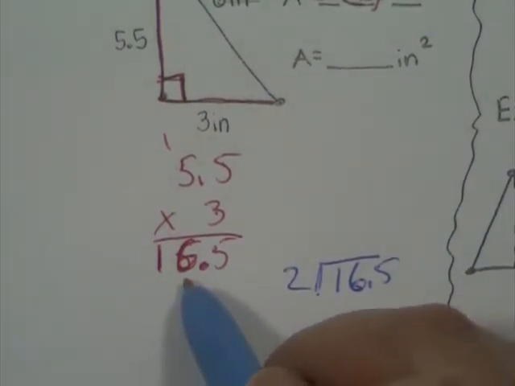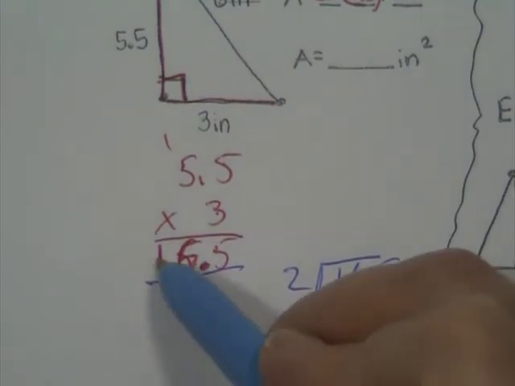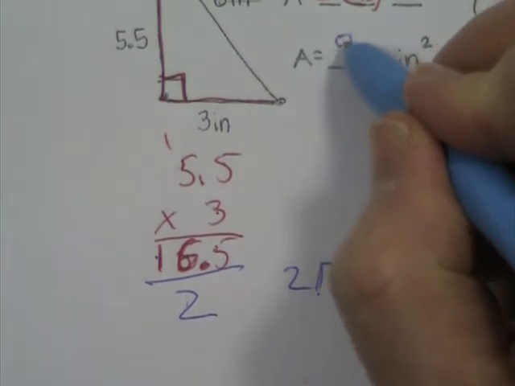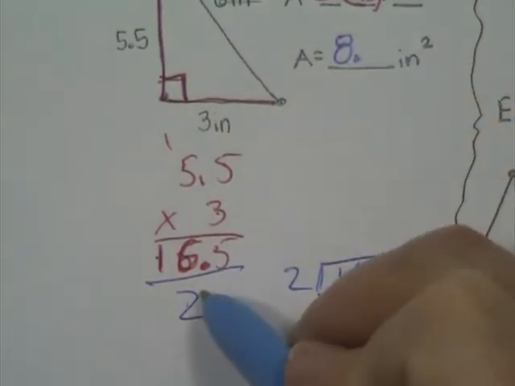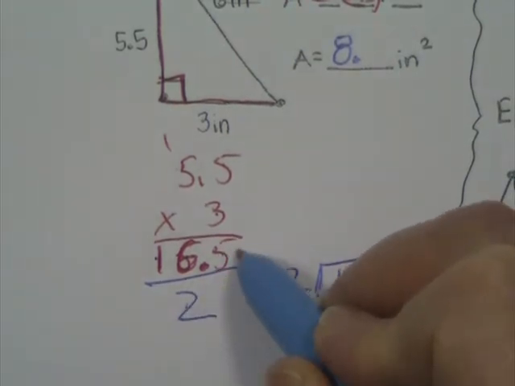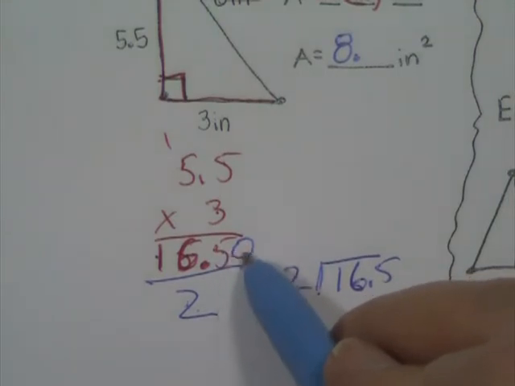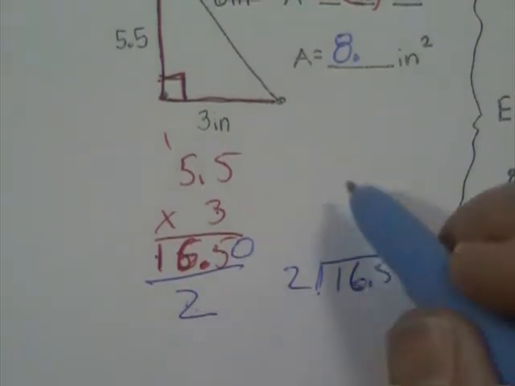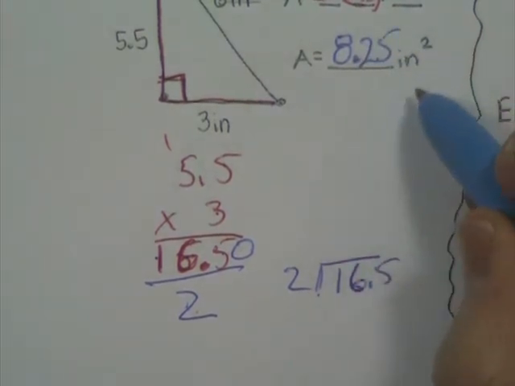I take the number 16.5 and divide it by 2. 2 goes into 16 8 times. Then I have a decimal point, and 2 goes into 5. Now, if you want to, you could say that's 50. 2 goes into 50 25 times, right? Half of 50 is 25. So it's 8.25.